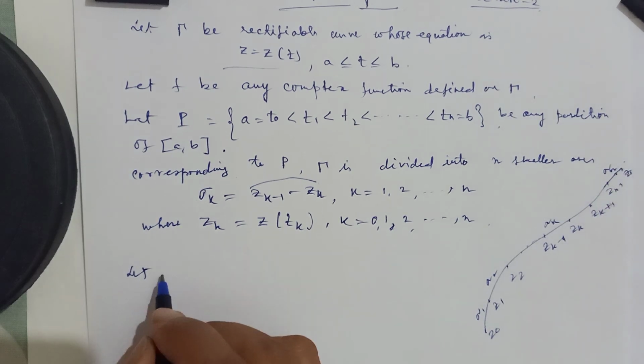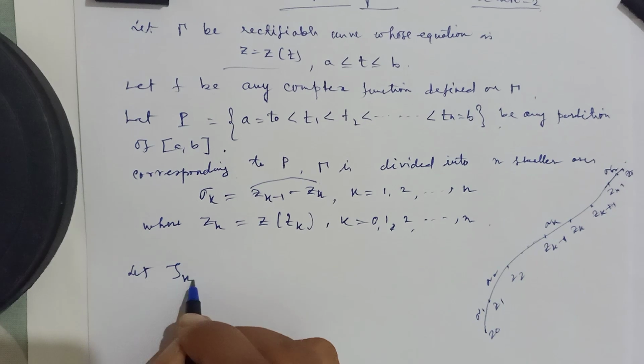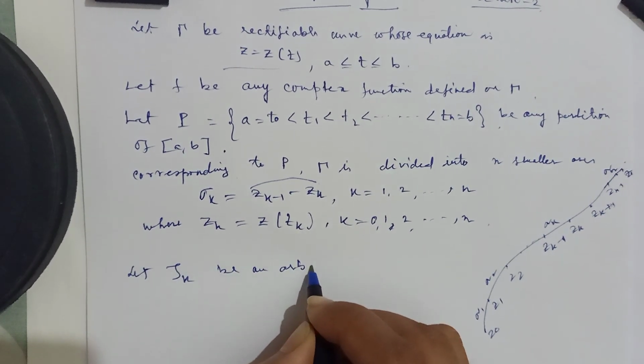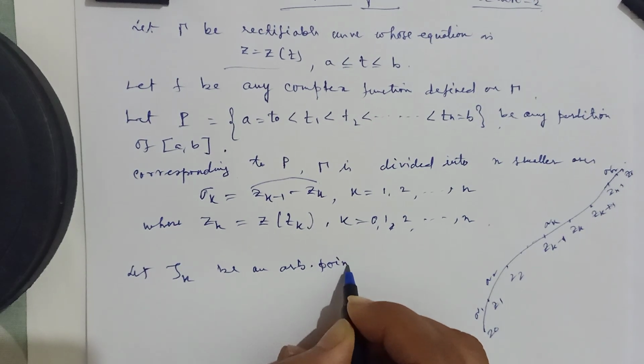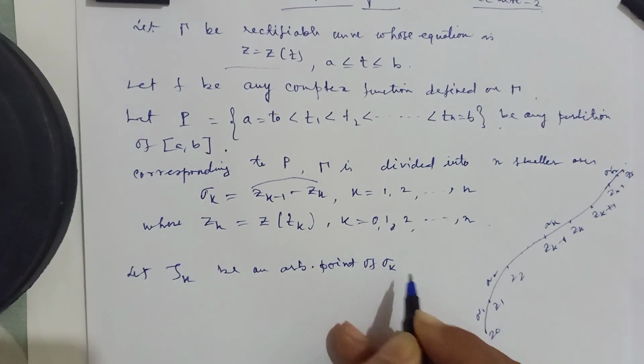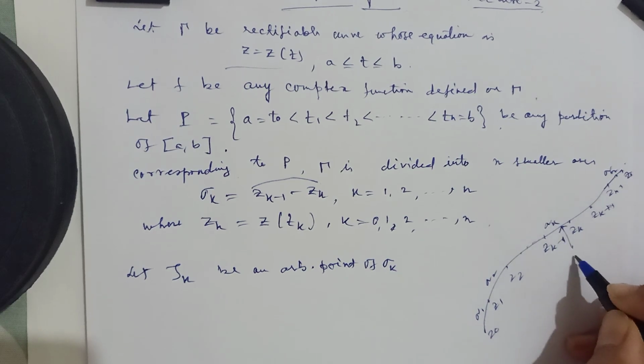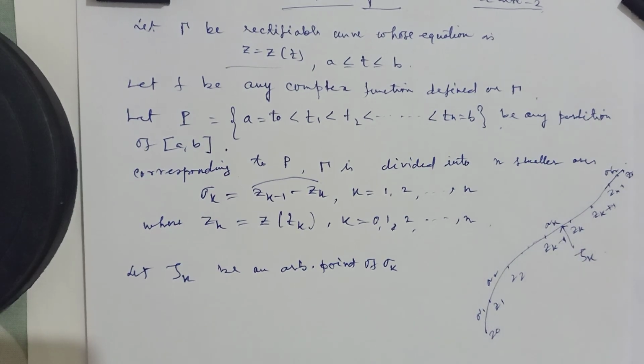Now let zeta k be an arbitrary point of sigma k. The point is zeta k.